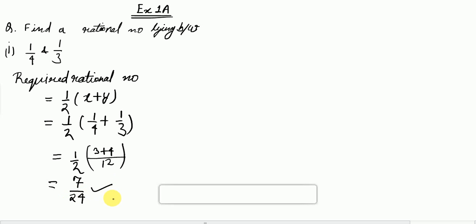So 7/24 is the required rational number between 1/4 and 1/3.